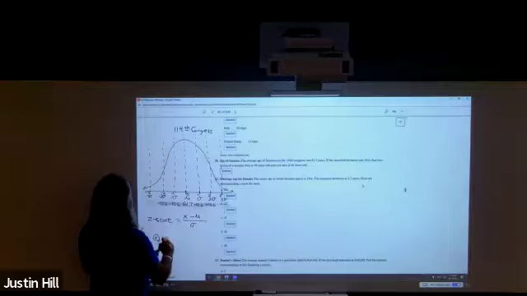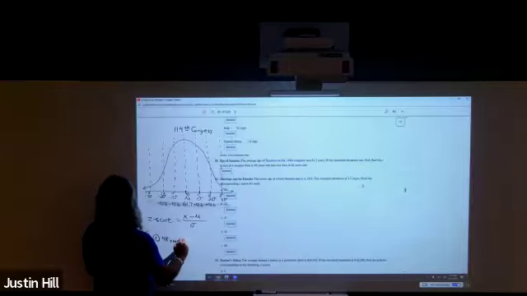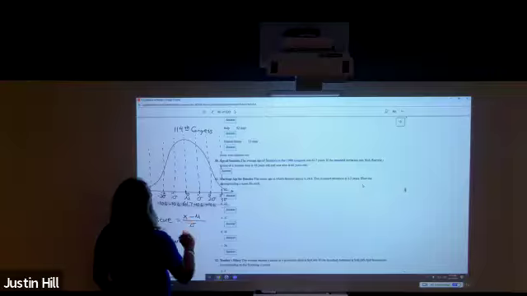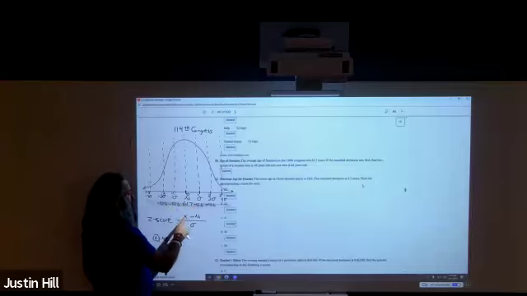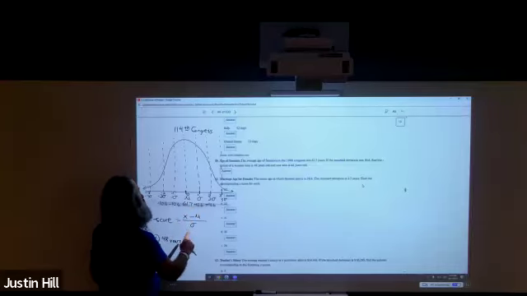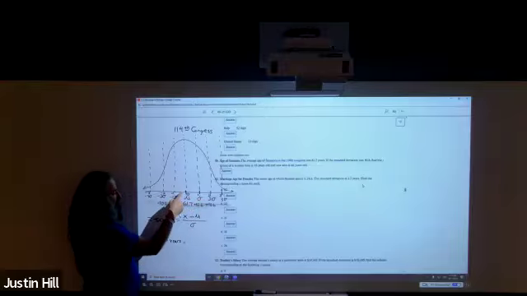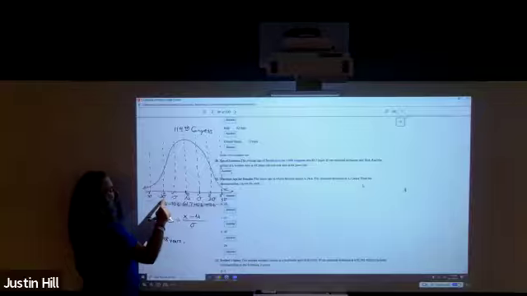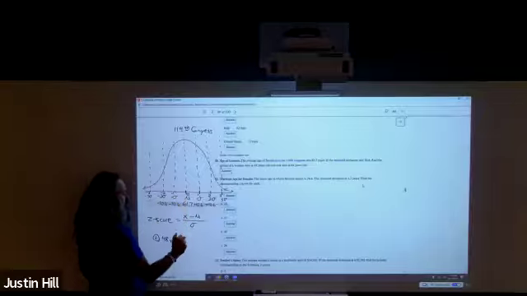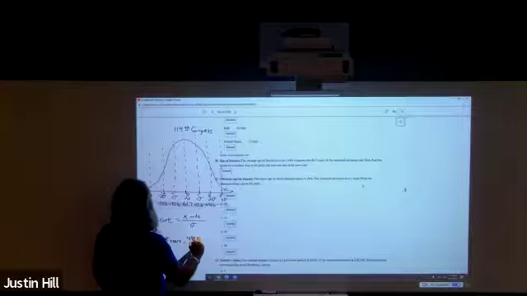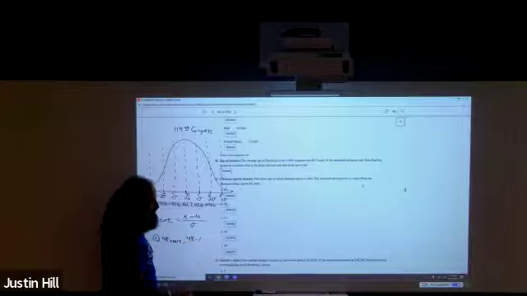For the 48-year-old, to figure out where along that number line it is, what the z-score is, first you have to figure out how far it is from the mean. So we're going to do 48 minus our mean, which is 61.7.